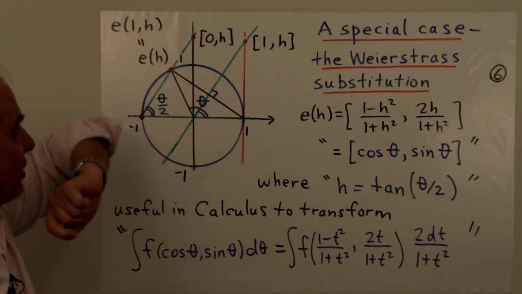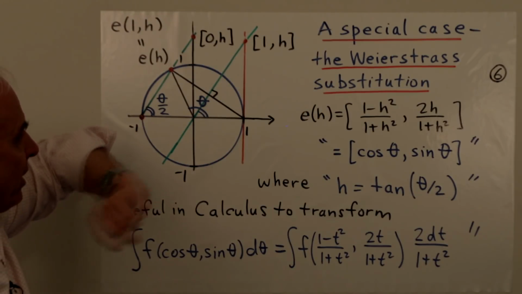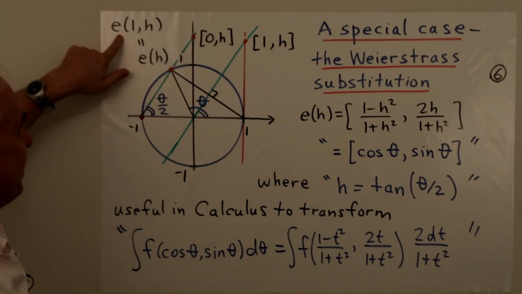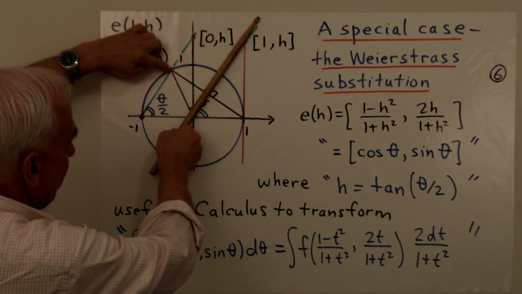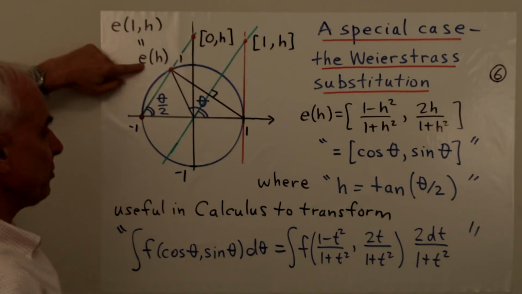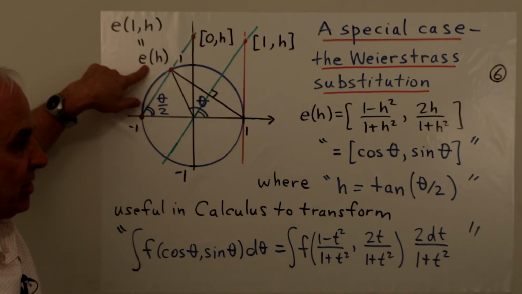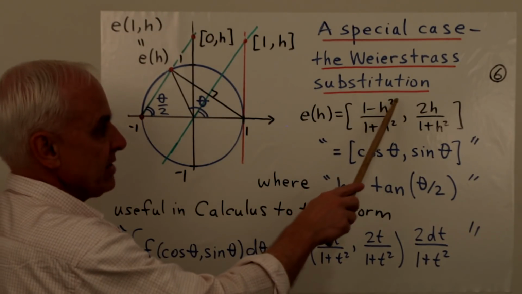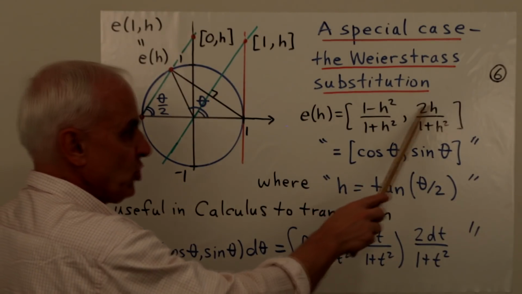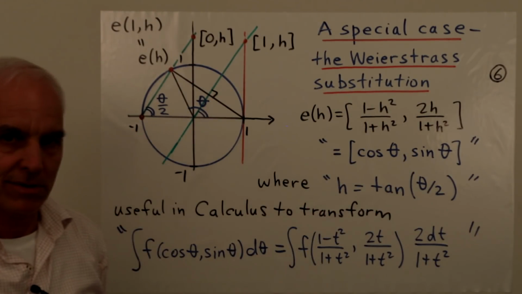So that's the point 1, h. Well, in that case, this point E(1,h), which is the reflection of (1,0) in the line over there, turns out to be just what we call E of h in terms of the rational parameterization of the circle. We just get (1 minus h squared) over (1 plus h squared) and 2h over (1 plus h squared).